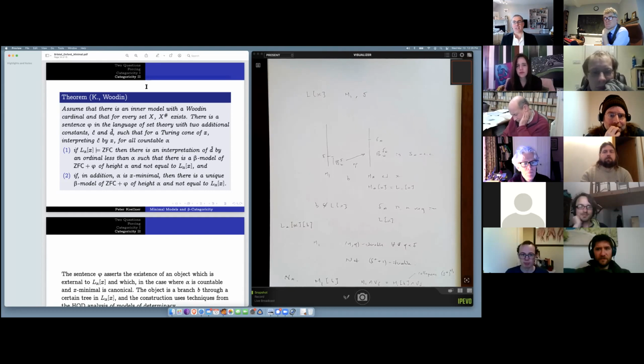That master tree is kind of like, in the light phase case, it not being able to have zero sharp. It has to satisfy V equals Hod, and it can't have zero sharp. Upstairs, that's like saying it has to satisfy V equals Hod, and it can't have the master tree, because the master tree would give you a fine structural model that had not just the iteration strategy up to the next inaccessible, but the whole thing.